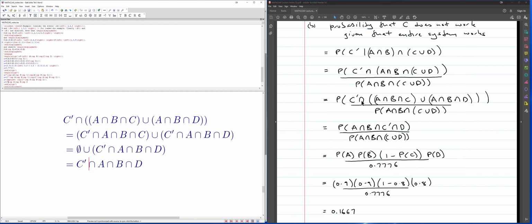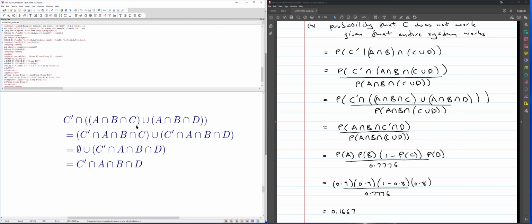One event is A intersect B intersect C, and the next is A intersect B intersect D. C complement intersected with this union is C complement intersected with the first event A, B, and C, and then C complement intersected with the second event A, B, and D. Going from here to here is using the distributive law.